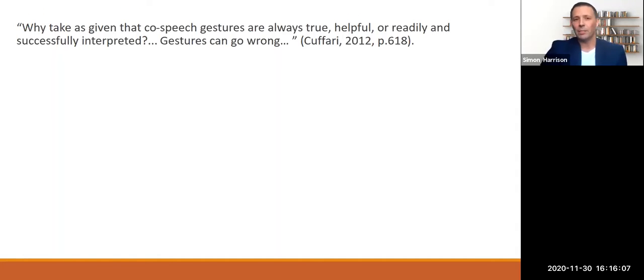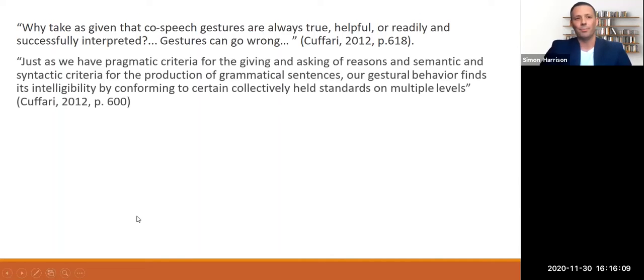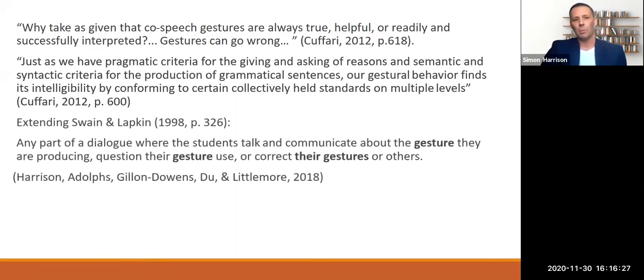And she quite provocatively says, gestures can go wrong. Just as we have pragmatic criteria for the giving and asking of reasons, and semantic and syntactic criteria for the production of grammatical sentences, which has been well studied, our gestural behavior finds its intelligibility by conforming to certain collectively held standards on multiple levels.